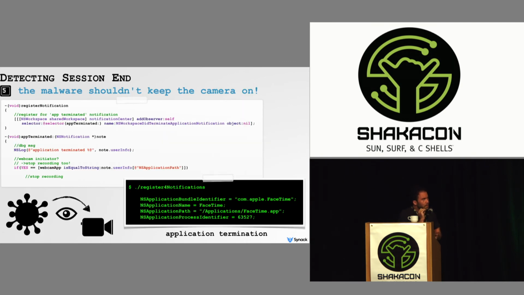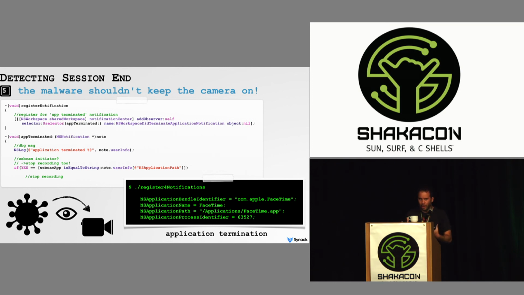Now, it's equally important to also detect when the legitimate session is ending. We'll talk in a minute about how to identify what process is using the webcam, for example, Skype or FaceTime. But assume we know what application activated the webcam originally. What we can then do is monitor it to determine when it exited. The reason we need to do that is, again, imagine you're having a FaceTime session with your partner, and you're done and you turn off FaceTime and the webcam light still stays on.